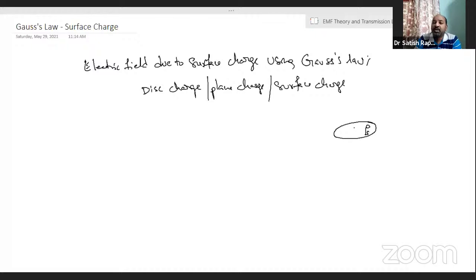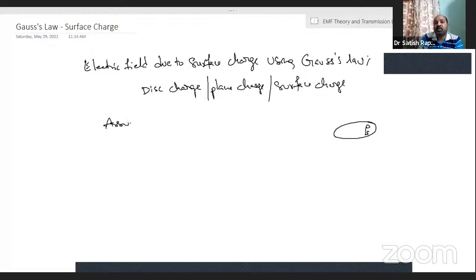So therefore, in order to determine the electric field using Gauss law, we need to assume a Gaussian surface, right? What type of Gaussian surface can we assume here? We can assume a cylindrical Gaussian surface, right?